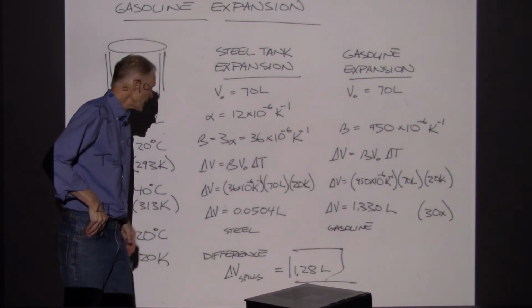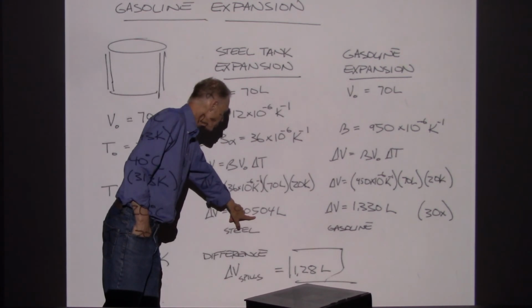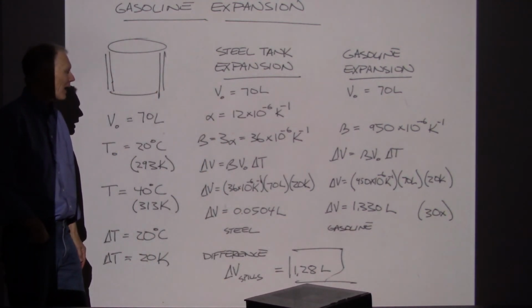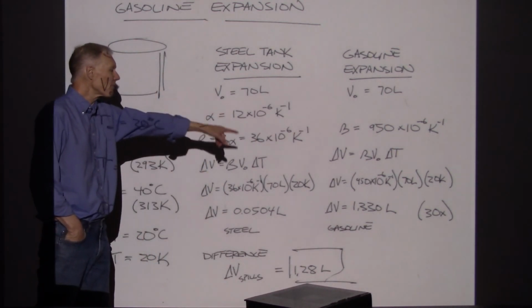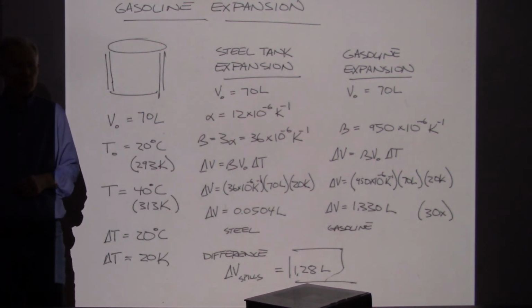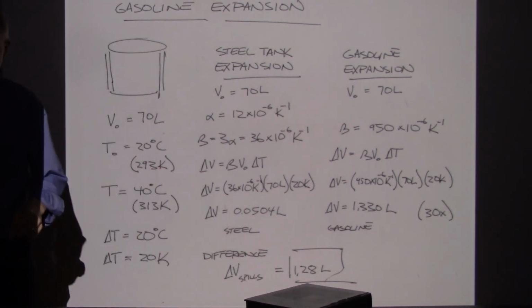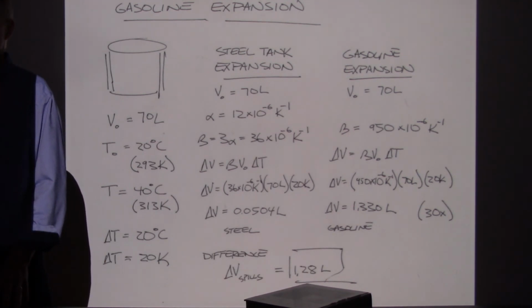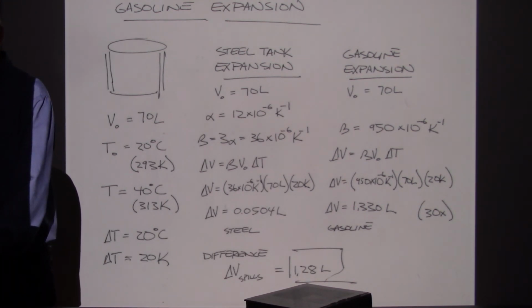Putting those numbers in, I find that the steel increases by 0.05 liters, but the gasoline expansion is 1.33. That leaves us with 1.28 liters of gasoline. That isn't going to fit. It's going to spill out somehow.